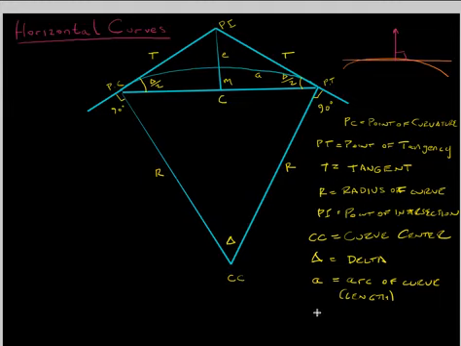All right, E is your external. That's the distance from the PI to a point on the curve halfway along the arc. M is the mid-ordinate.